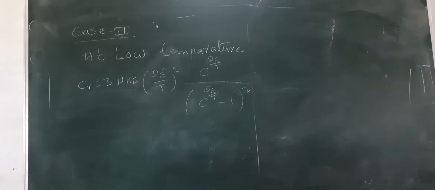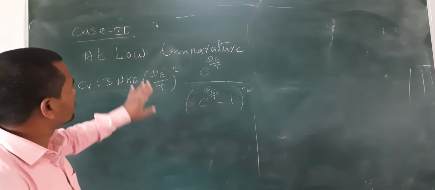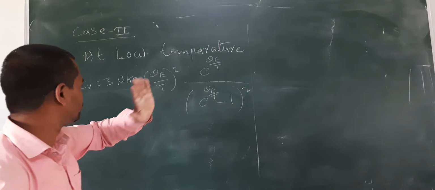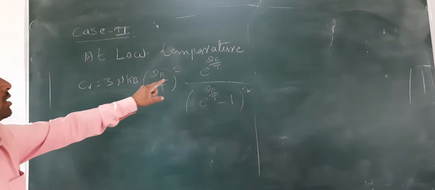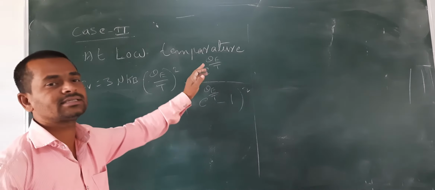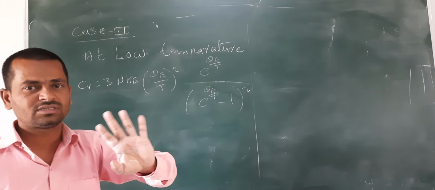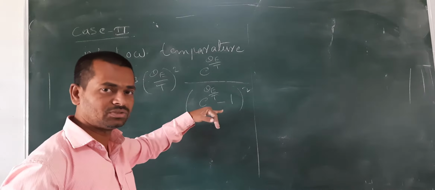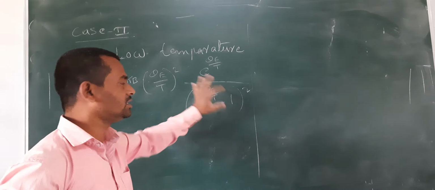At low temperature also I am going to take these things only. We should not do any operation on these things. We only have to do the operation on the exponential terms. So here it is exponential. I am not going to change that one, but here -1 is there, so I am going to operate on this only.